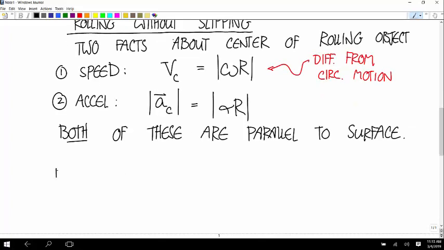So in rolling, and rolling without slipping is basically, that's just a way of saying rolling. If the thing's sliding along, then we need to know more about it to calculate anything.